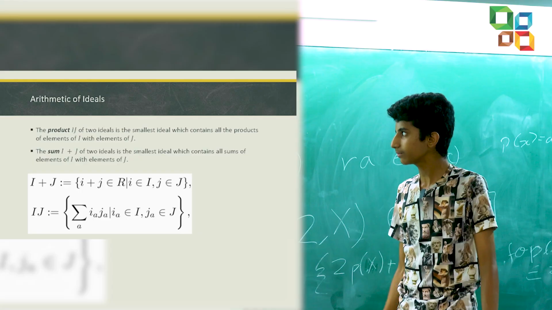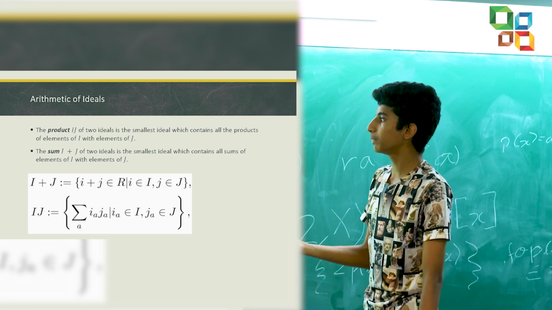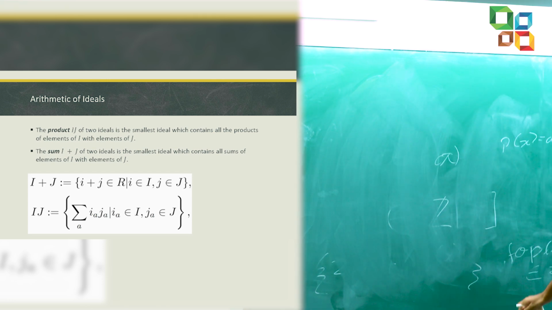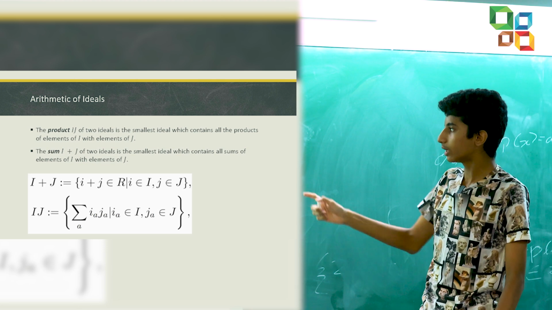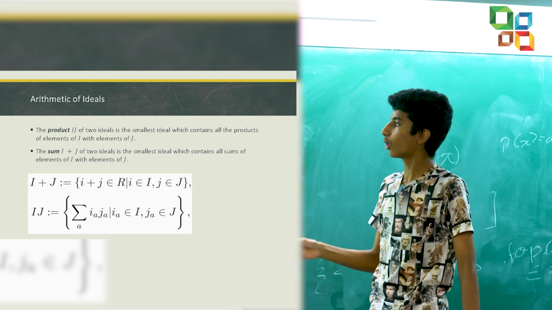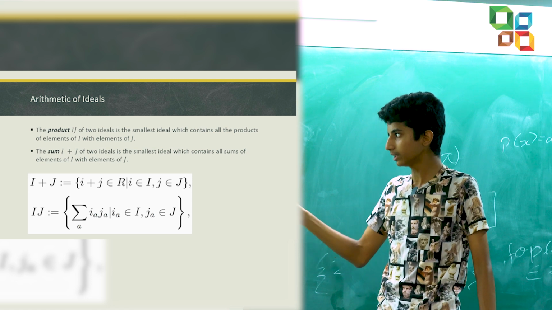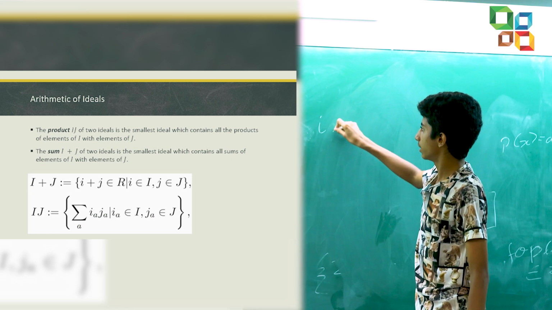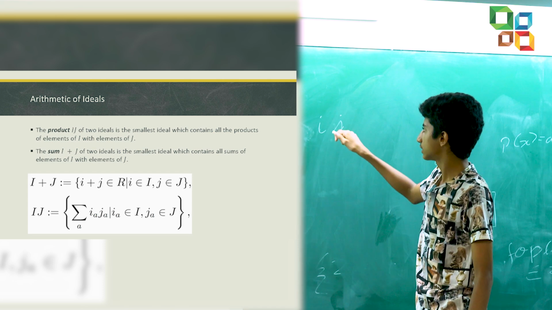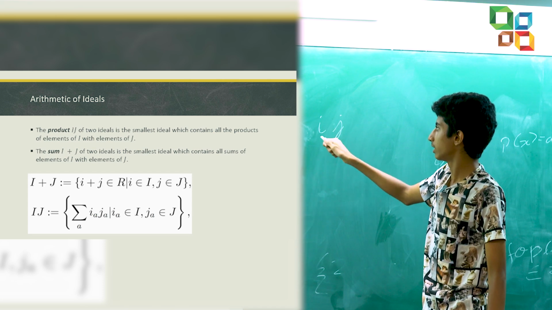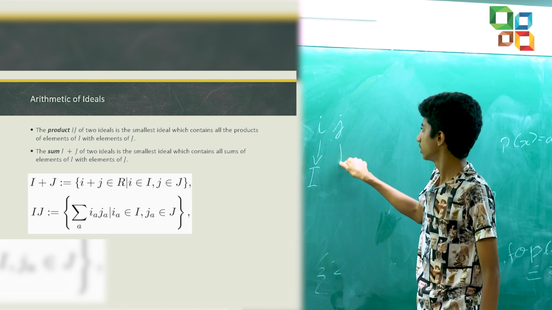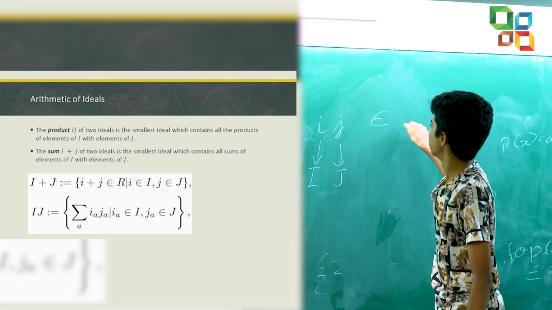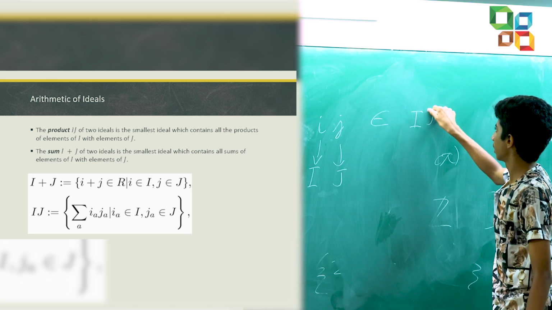Okay, next, the arithmetic of ideals. The product IJ of two ideals is the smallest ideal which contains all the products of elements of I with all elements of J. Essentially IJ is the smallest ideal such that every small i times small j, where this belongs to I and this belongs to J, every combination belongs to IJ.